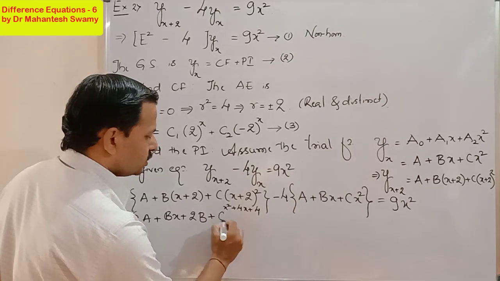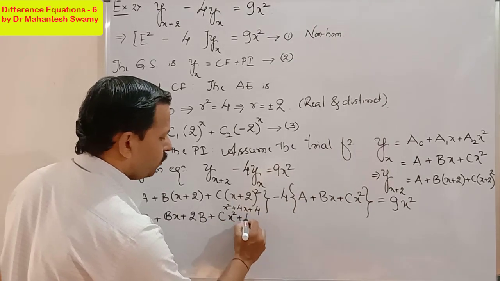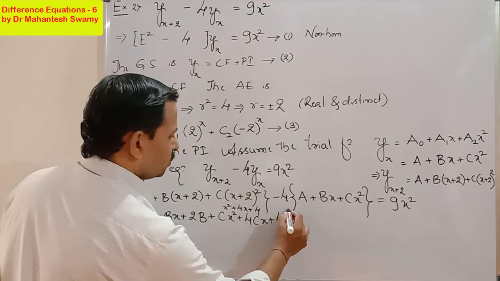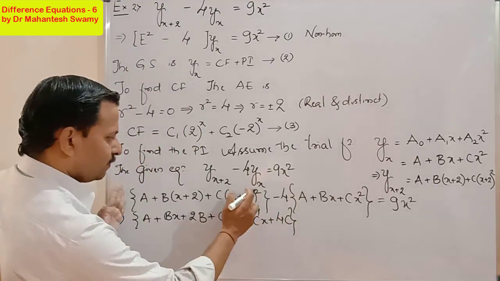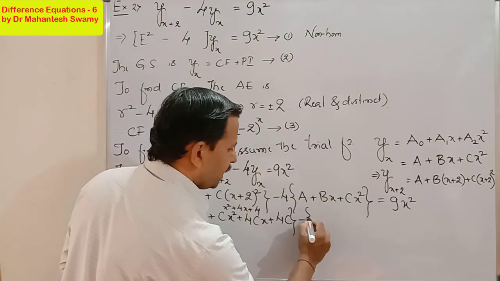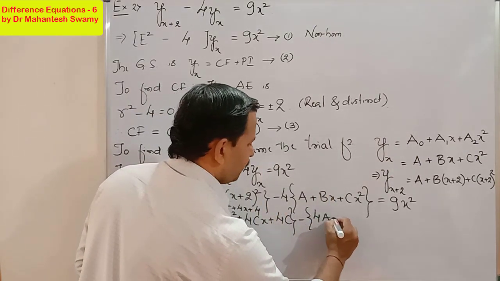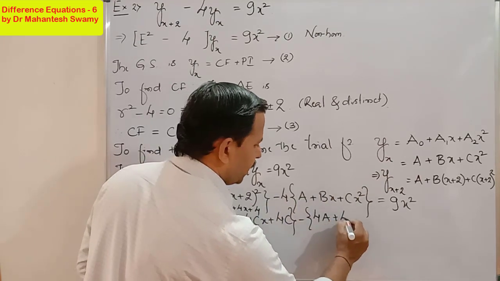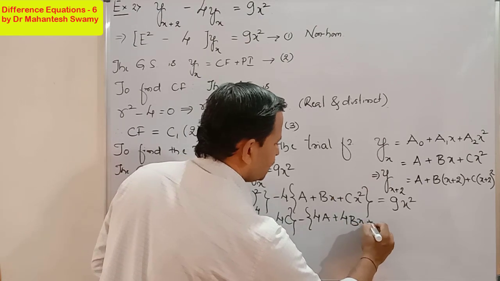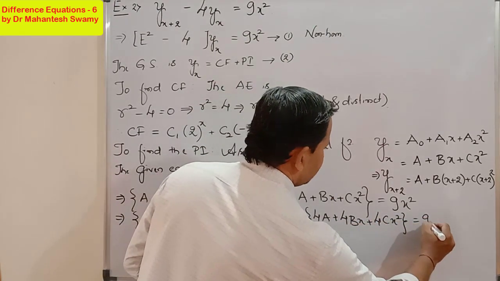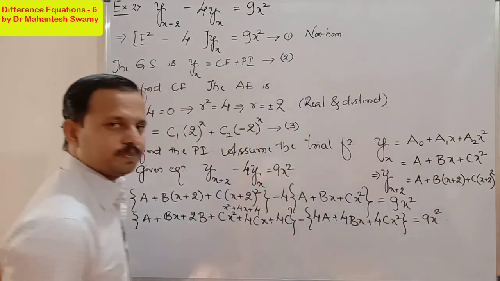So plus cx square plus 4cx plus 4c. This is the simplification of the first bracket. Minus, let us multiply this 4 within the bracket: minus 4a minus 4bx minus 4cx square equals 9x square as it is on RHS.